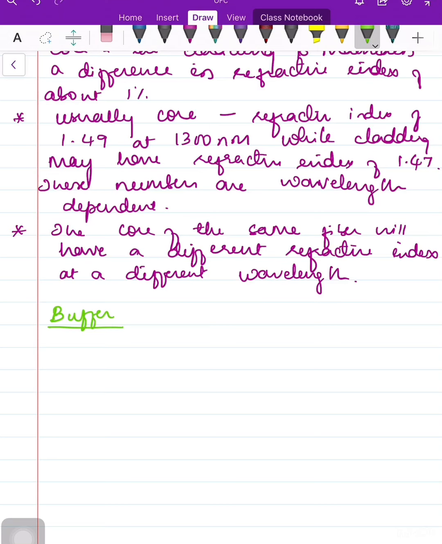Clear? Thousands of optical fibers are arranged in hundreds of optical fibers, so they will keep it combined, and these bundles are protected by the cable's outer covering, which we learn in the next part, that is called jacket. Clear? So the main function of the buffer is to protect the fiber from any kind of damage, or you can also call it coating.